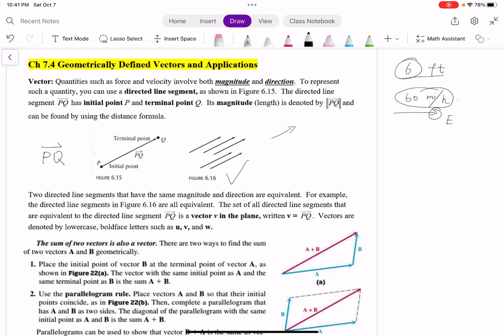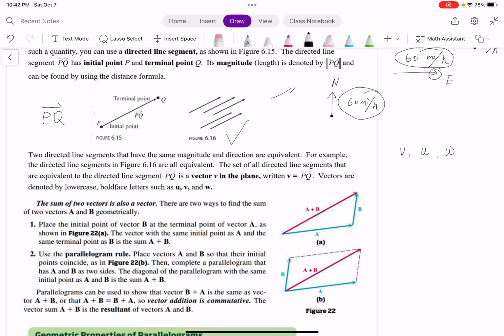Me and my friend, we have the same velocity, same vector, because we are driving to the north 60 miles per hour. So magnitude and direction are the same. So we have the same or equivalent velocity vector. All right. Most of the time we use the lowercase v, u, and w to represent the vector.